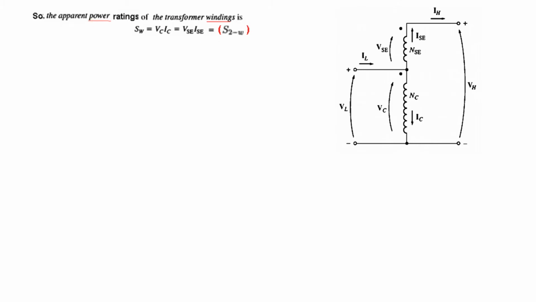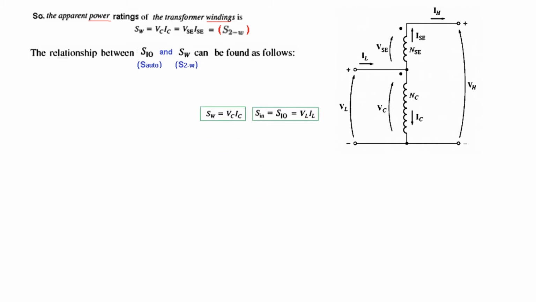Now what we are interested in is the relation between the autotransformer power and the two-winding transformer power, which in this book have been written as S_IO and S_W, but I prefer to write S_auto and S_2-winding. Now S_2-winding, from here, we can write as VC IC, and S input-output, or S_auto, is also equal to S_in, which can be written as VL IL.